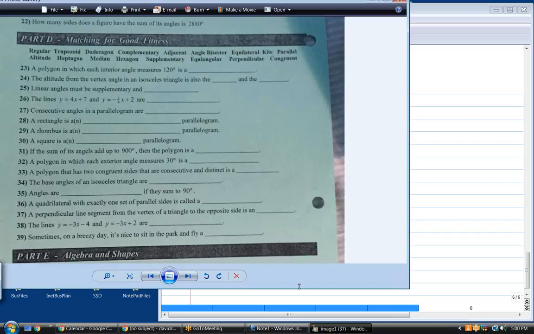Oh, I see. So what could these possibly be? A rectangle is an... What answer fits there? Oh, a perpendicular parallelogram. So actually what went here was the word perpendicular.